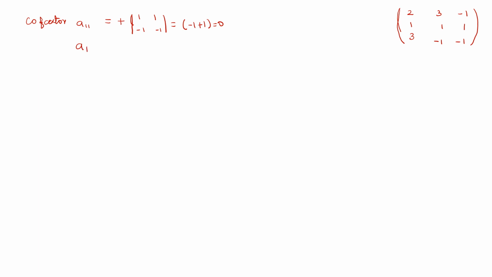Similarly, the cofactor of A12 is negative of the minor matrix of 3. For the minor matrix of 3, we remove the first row and the second column and get 1, 1, 3 and negative 1, which is equal to negative 1 minus 3, equal to negative of negative 4, equal to positive 4.